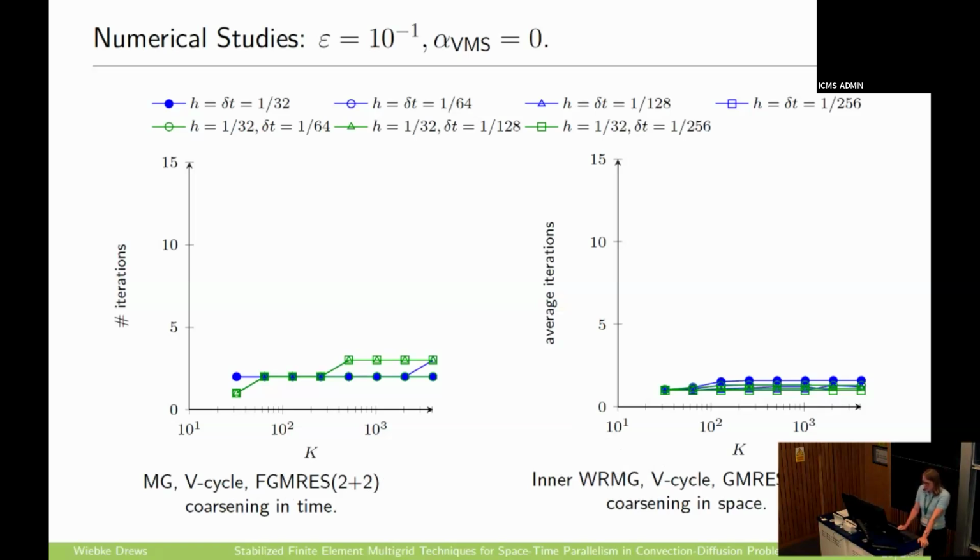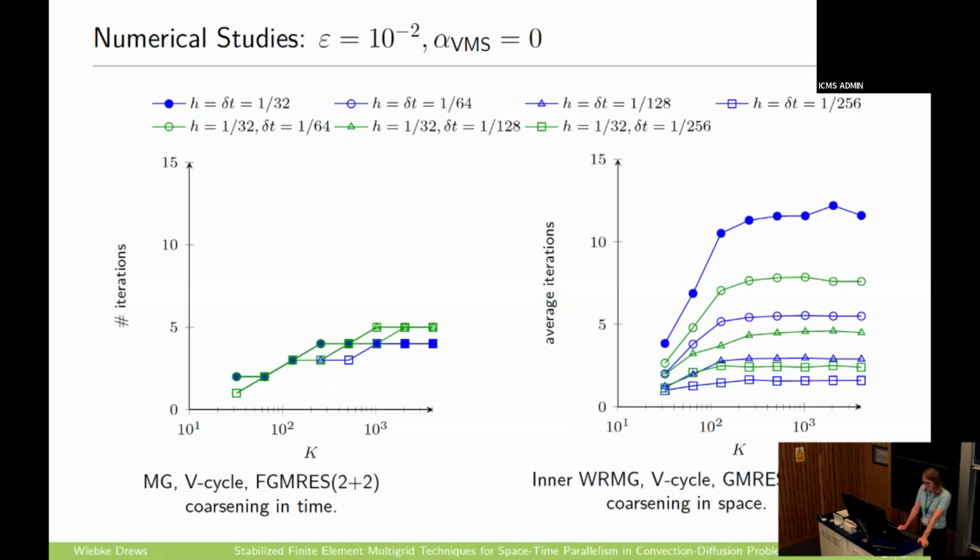And then we reduce the diffusion coefficient again, and you see, okay, it starts rising a bit, but it's somehow still low. So even if we treat more time steps here, it could still work.